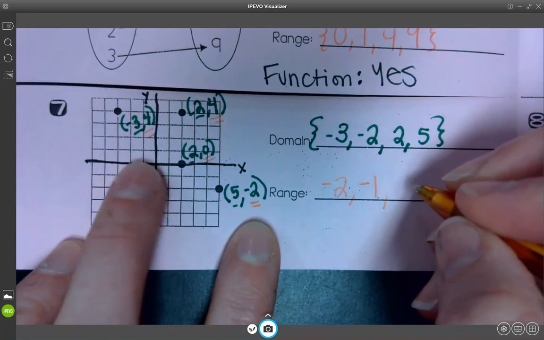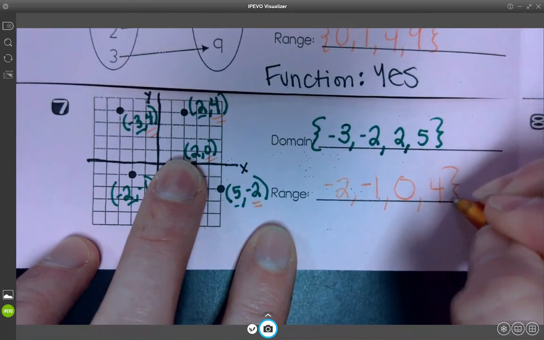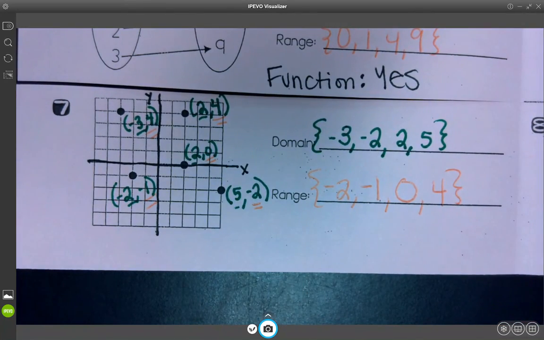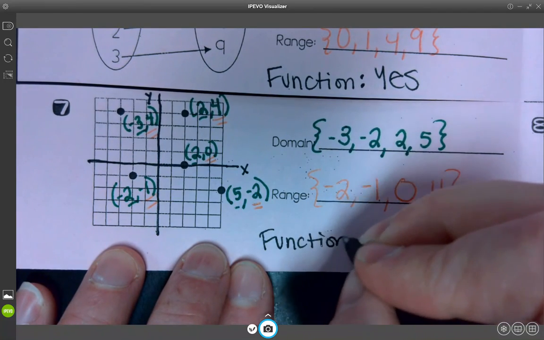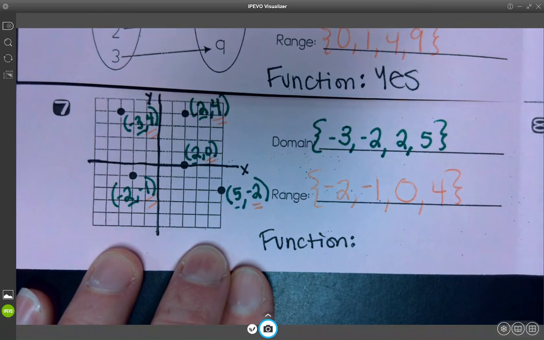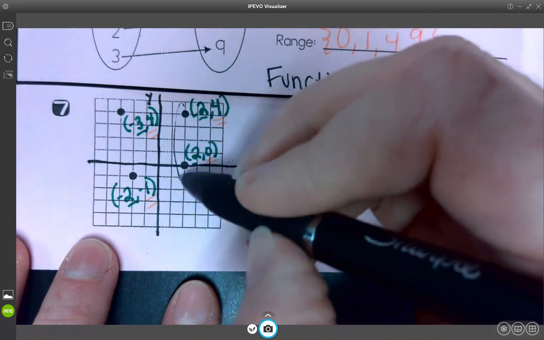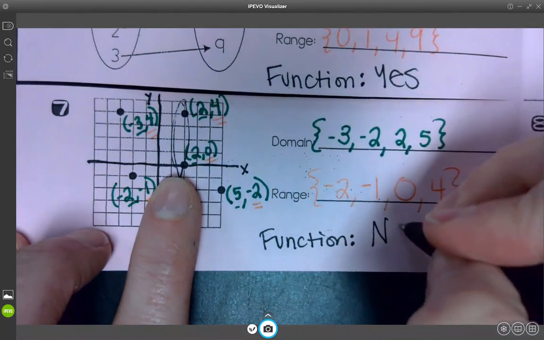And then 4, yeah. To match there. Okay, and then is it a function? No. What makes it not a function? Yeah, that right there makes it not a function.